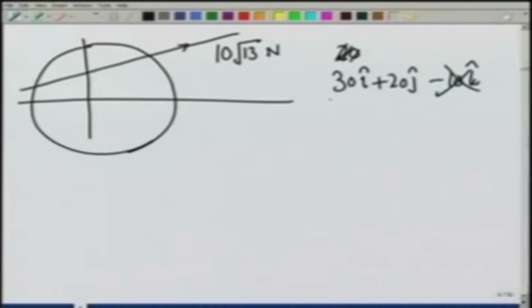This we have ignored. So, in the plane x y this is given by this. So, this line has a slope of 2/3 and it is passing through the point 10, 10.